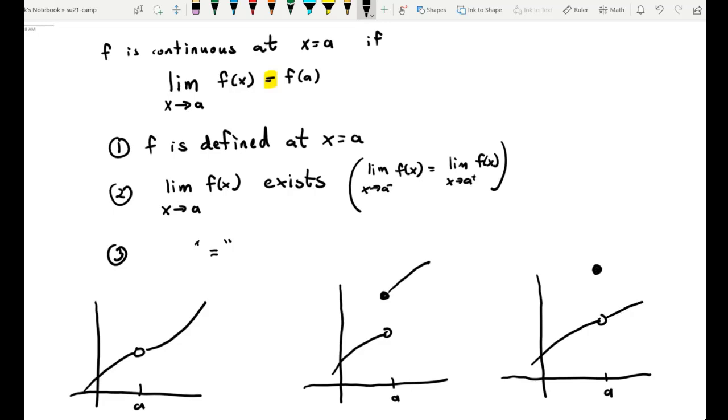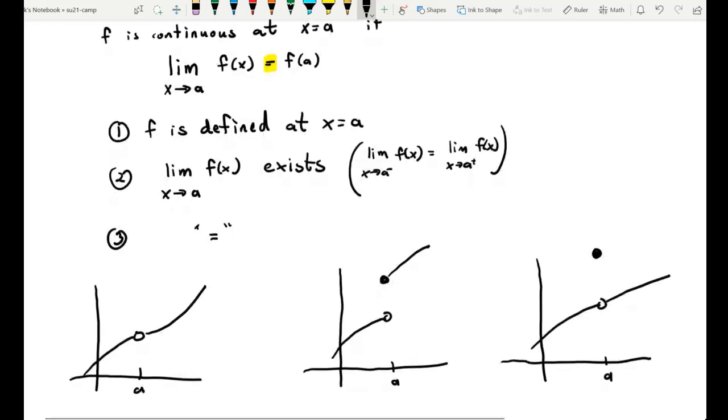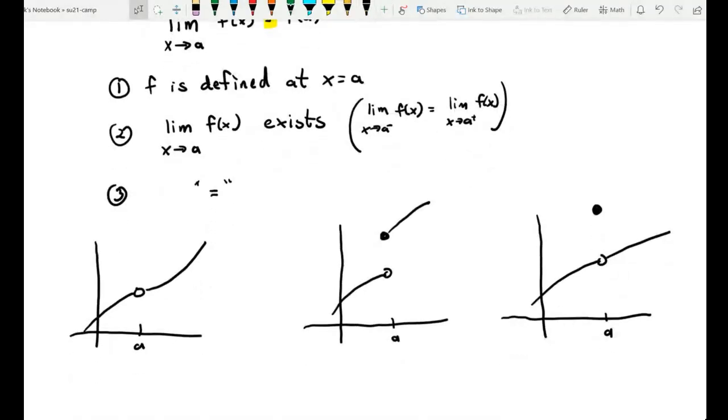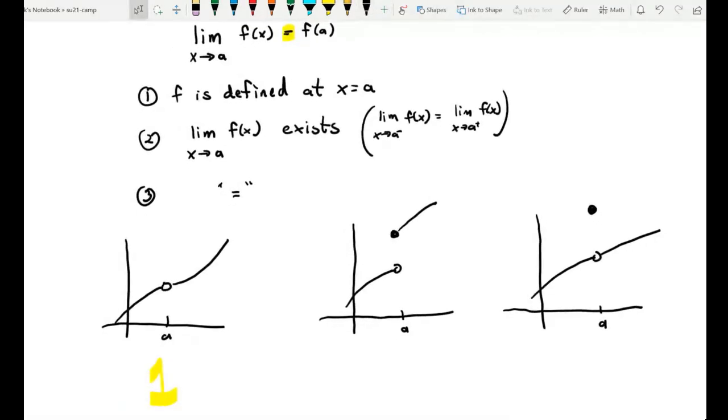All these graphs represent functions which are discontinuous at x equals a. If we look at the first one, for which reason is this function discontinuous at a? Reason number 1, number 2, or number 3? So graph A, just say A, B, C.